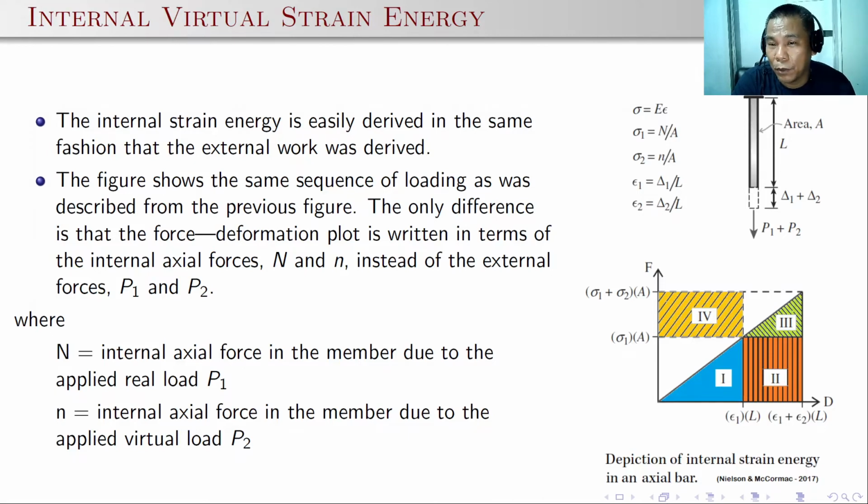For sigma 2, we use the same notation, but with the internal axial force due to the applied virtual load, that's small n over the cross-sectional area. Also, the strain epsilon 1 is equal to delta 1 over L and epsilon 2 is delta 2 over L. We will be using these in our derivation.